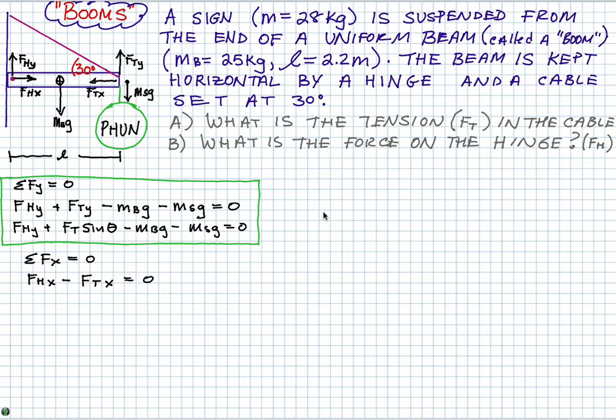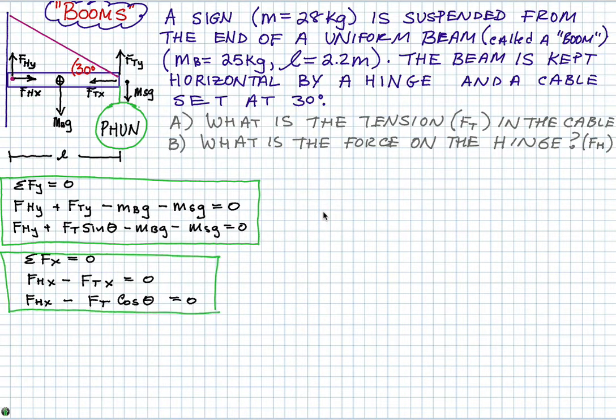So those two forces cancel each other out. And we know that the force of the tension in the x direction is going to be equal to the tension times the cosine of the angle. So let's put that in a box to isolate it.